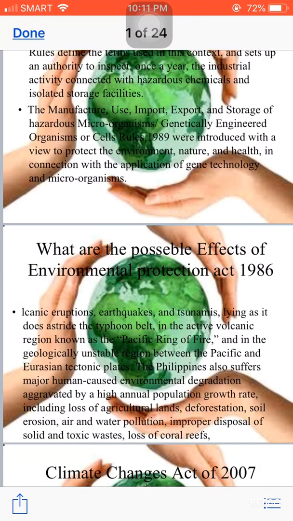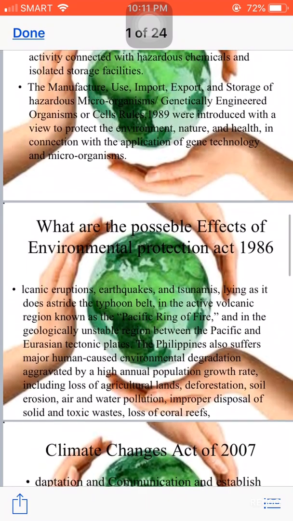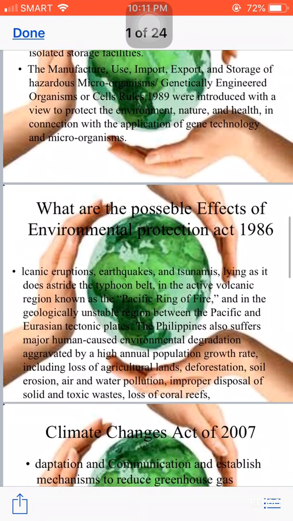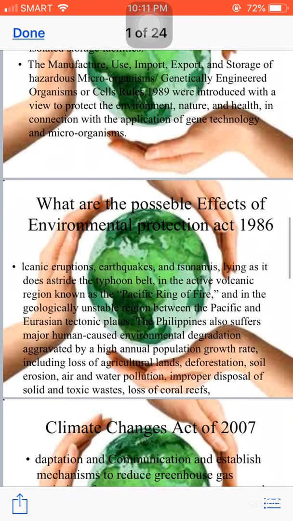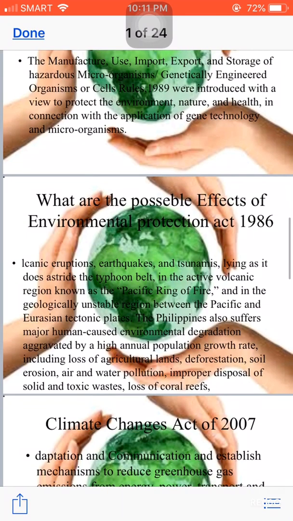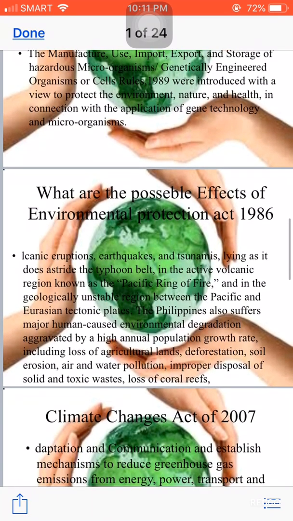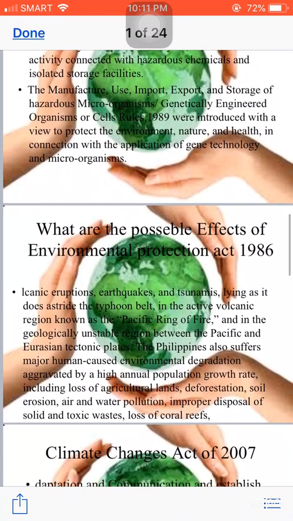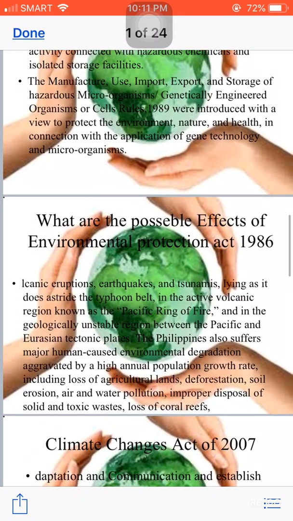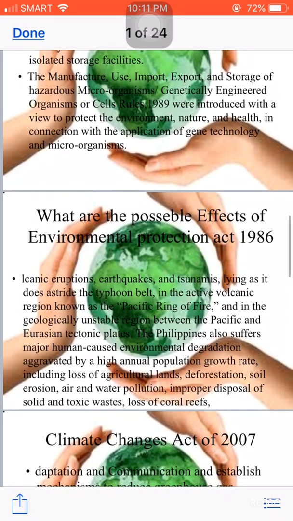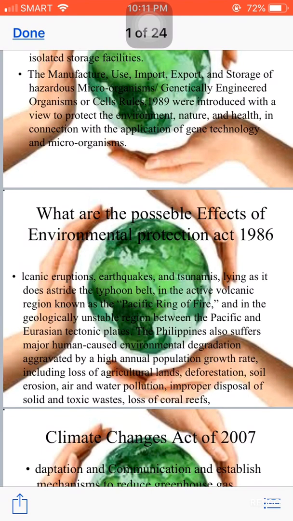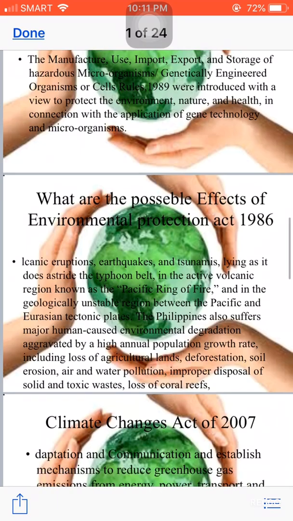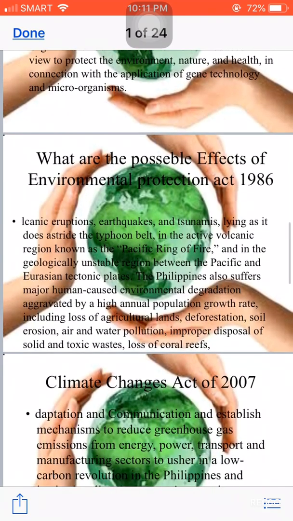The Manufacture, Use, Import, Export, and Storage of Hazardous Microorganisms, Genetically Engineered Organisms or Cells Rules 1989 were introduced with a view to protect the environment, nature, and health in connection with the application of gene technology and microorganisms.